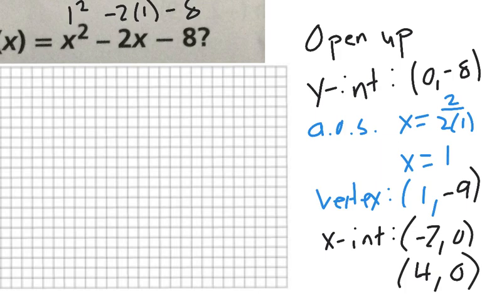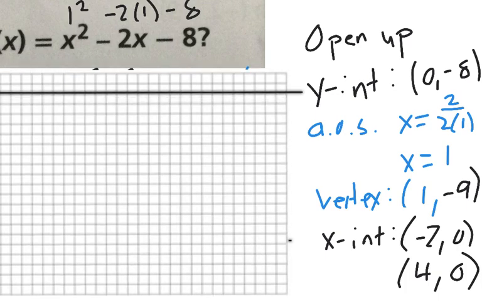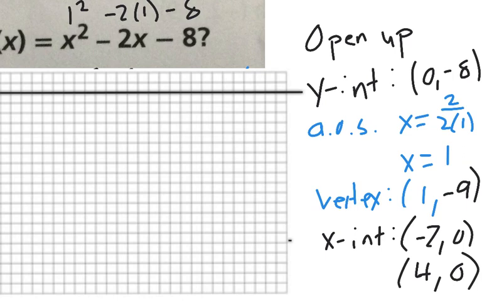Because my vertex is so far down, I'm going to put my x-axis up here at the top. So I'm shifting my graph a little bit. So there's my x-axis.